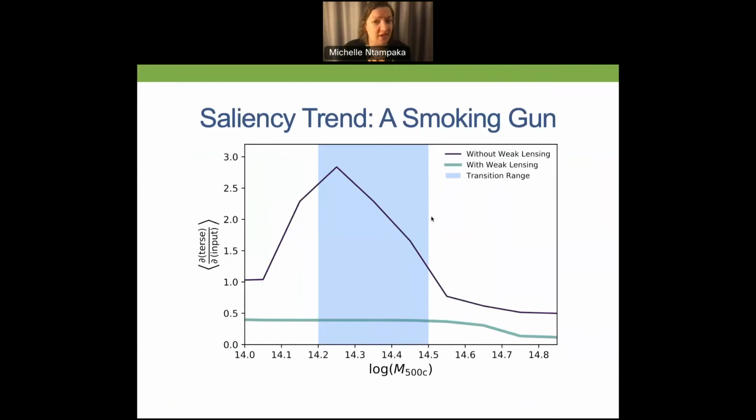So here what you're seeing is a summary of that previous figure. On the x-axis, cluster log mass. On the y-axis, a measure of saliency for a particular gas mass in two cases. Toward the bottom, that solid thick teal line, this is my standard case.